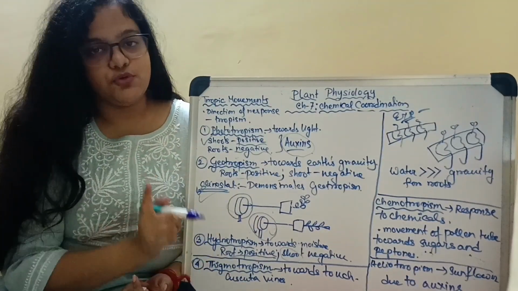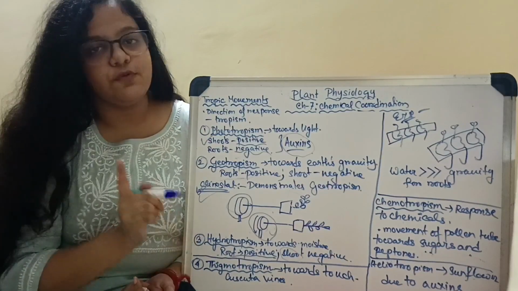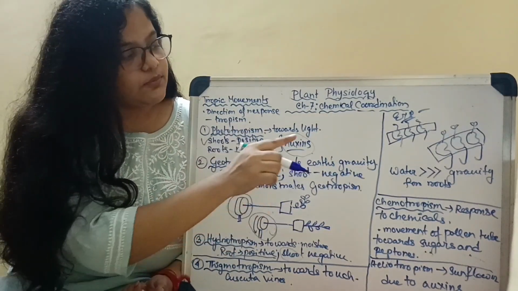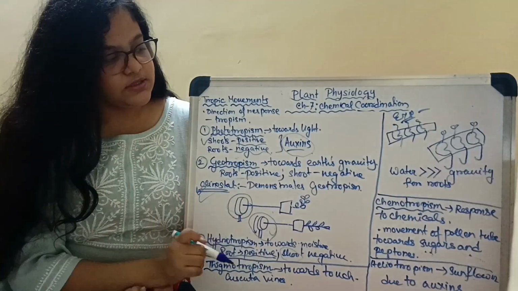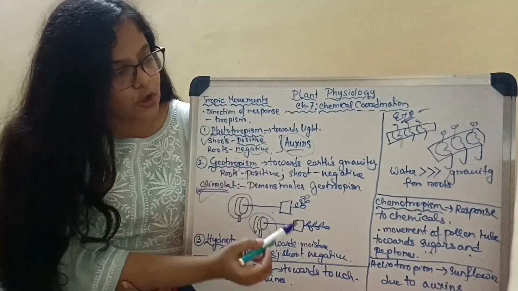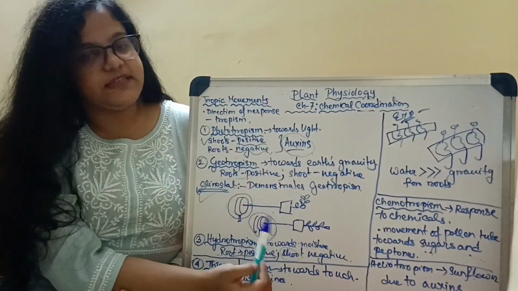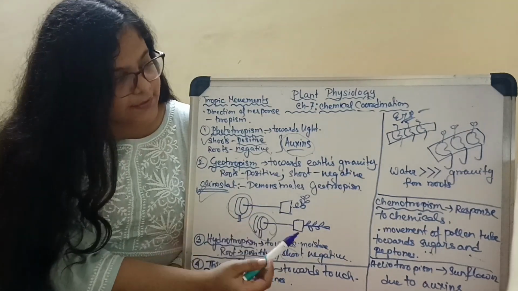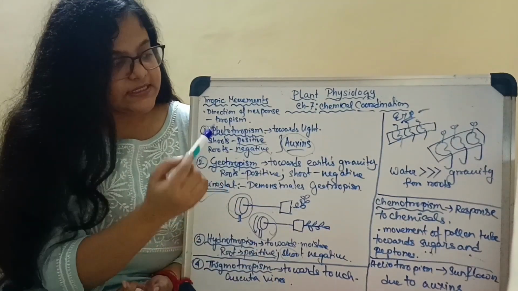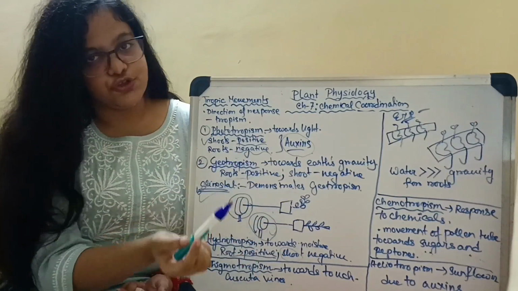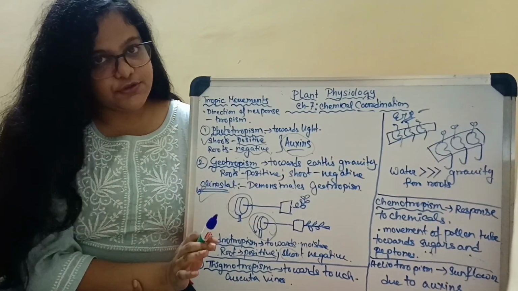That means the root is overcoming the force of gravity and moving towards the moisture which is stored in the sawdust. So it means that for the roots, water is more important than the force of gravity. That is, hydrotropism is a higher priority for the roots than geotropism. It's very clear to you now?